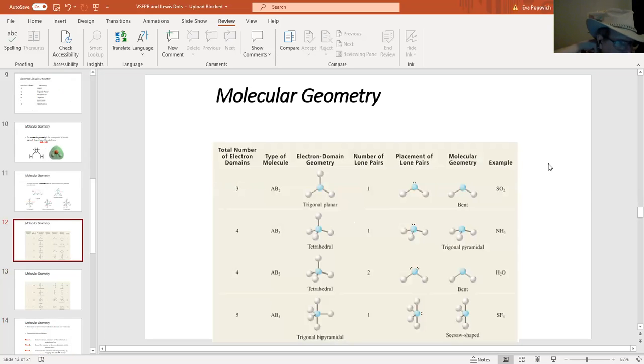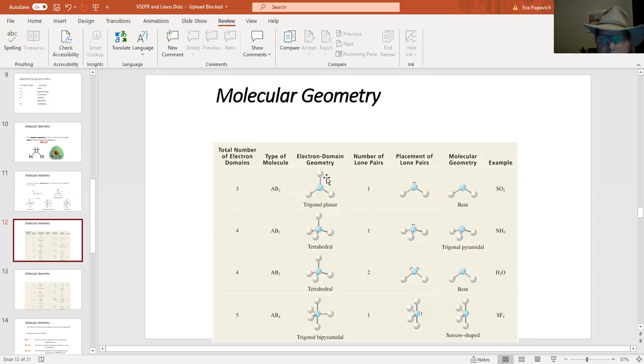Now, one of the books we used to use is called The Burge. It has this wonderful chart that I stole. First of all, if all the electron clouds are linked to atoms, in other words, if all of the electron clouds are bonding electron clouds, then the electron domain geometry and the molecular geometry are the same.